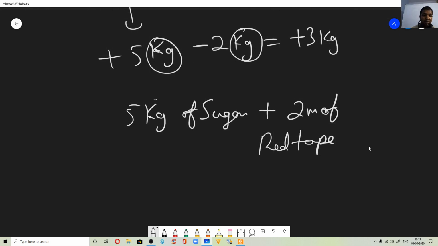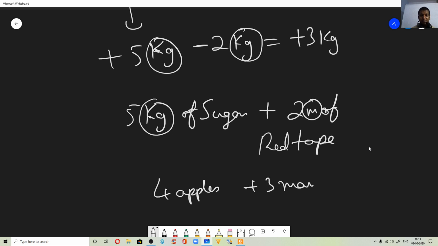Because I have to see that I am adding or subtracting the same type of physical quantities. It's like saying 4 apples plus 3 mangoes. You can simply say I have 7 fruits. You cannot add apples with mangoes, so you don't say that I have got 7 mangoes, or 7 apples.